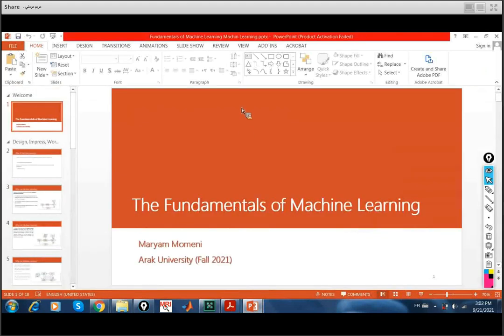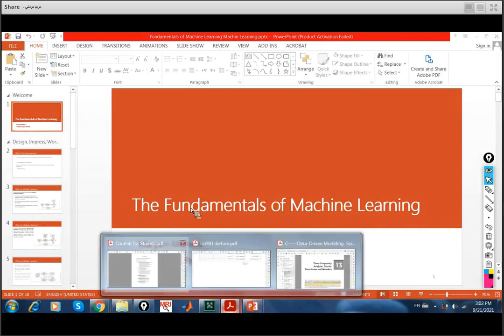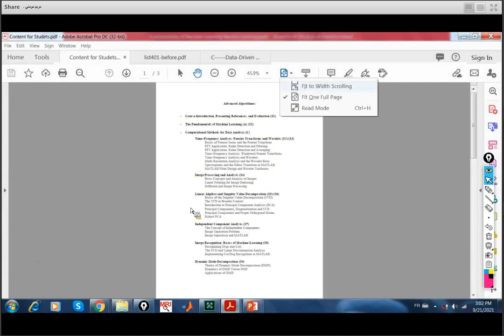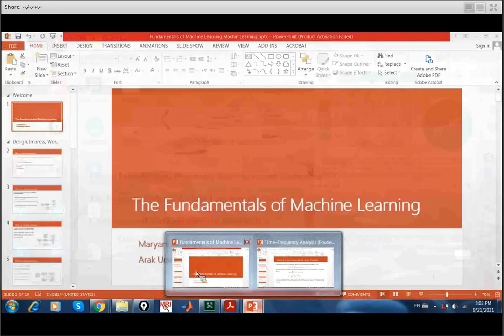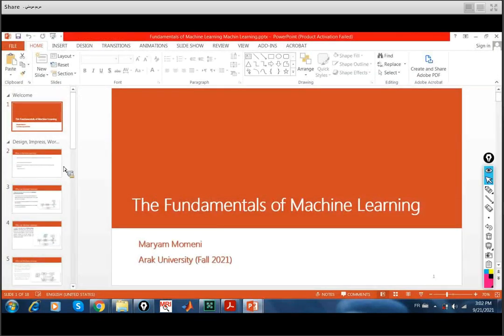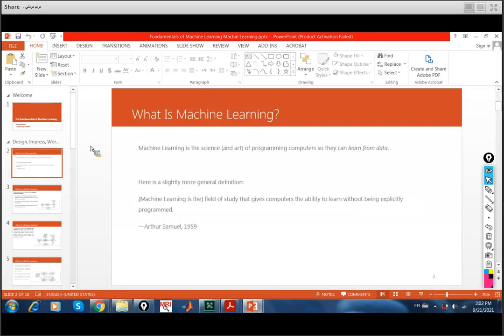As you see in the content, our first session is about the fundamentals of machine learning. We want to see what machine learning is. I'm sure that you have heard about machine learning, but we want to review it, and step by step become familiar with machine learning algorithms and topics in this field.